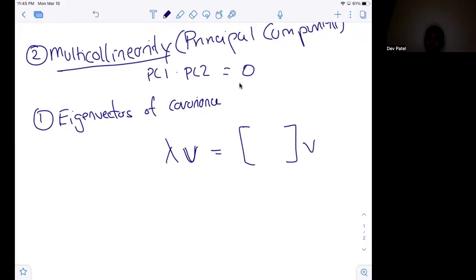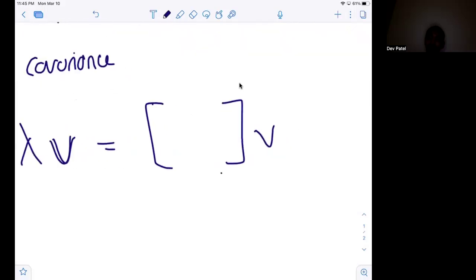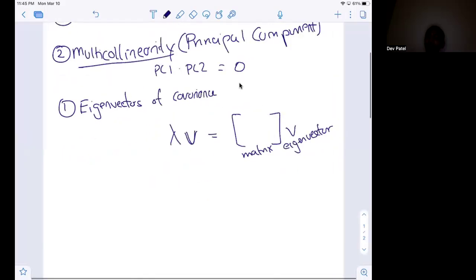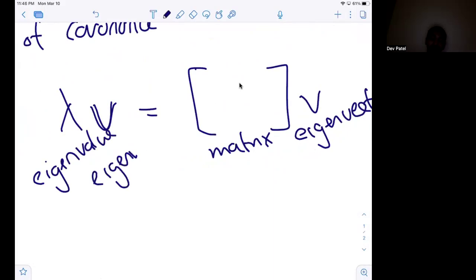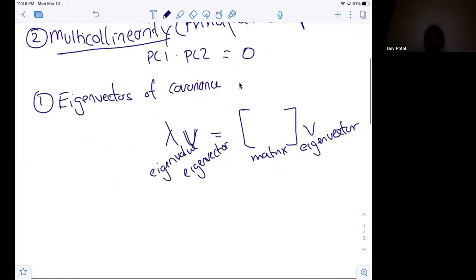So applying this matrix to this eigenvector gives us the same transformation as applying the eigenvalue to the eigenvector, right? The only change is in the magnitude. The direction does not change. And so that's one of the features about eigenvectors.